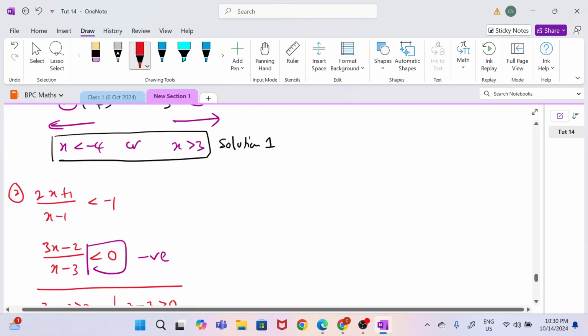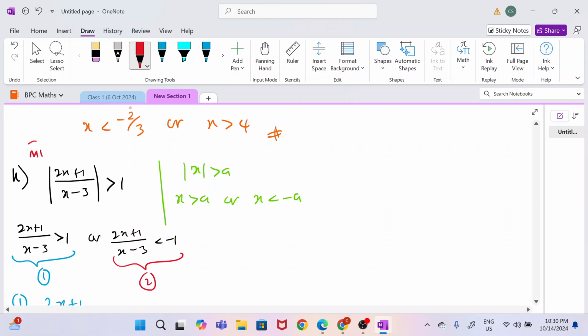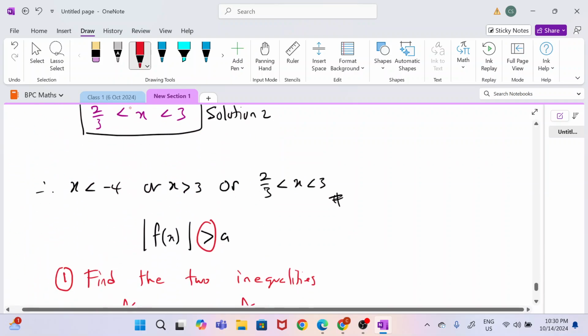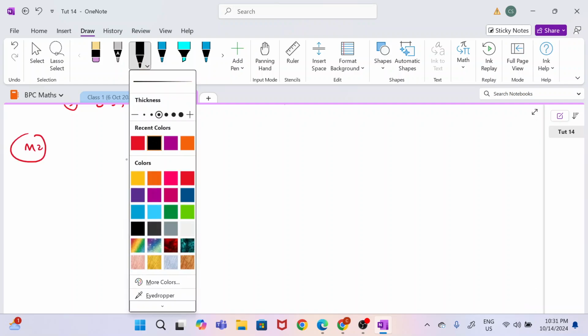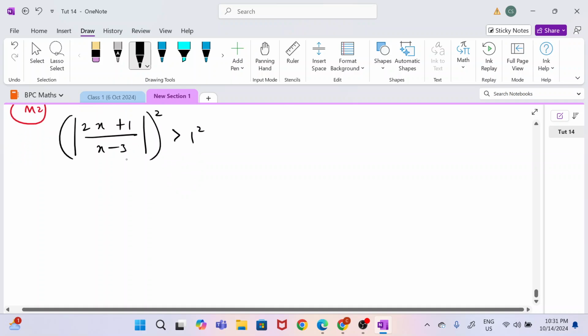This is the first method. Can you guess what is the second method? The second method would be to square both sides. When we square both sides, what happens?